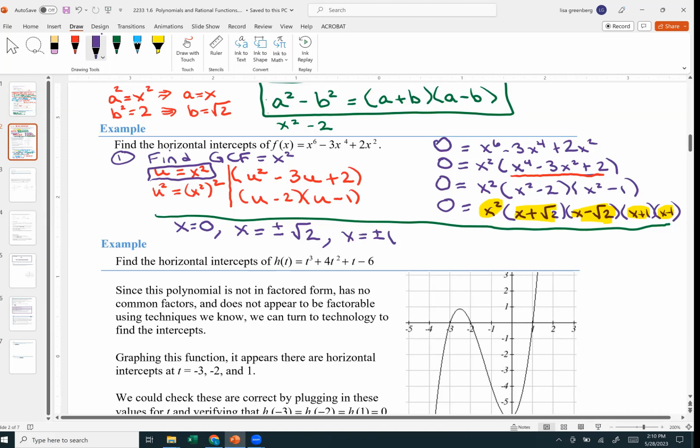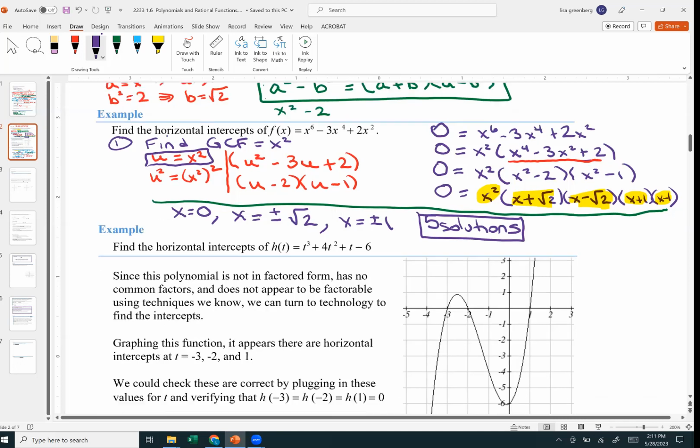So I actually have 5 solutions to this polynomial. And of course, horizontal intercepts, x-intercepts, solutions, and zeros, we say all of those mean the same thing.